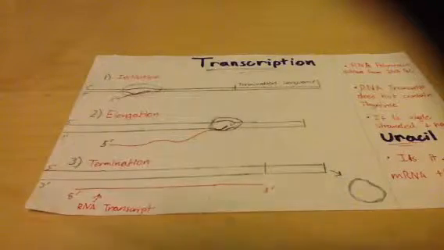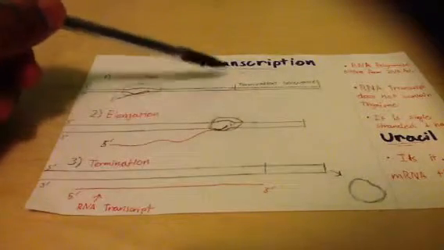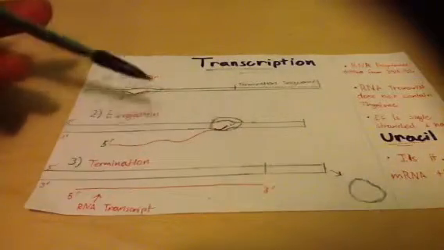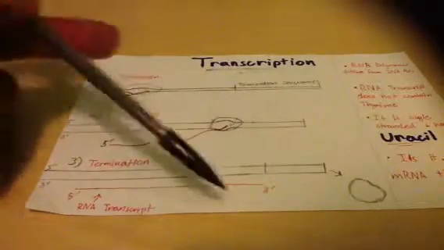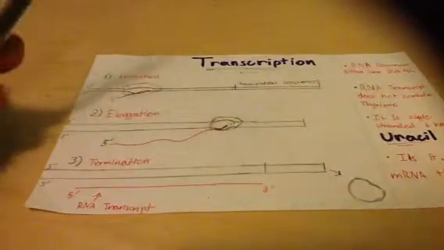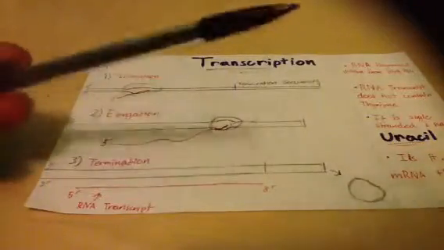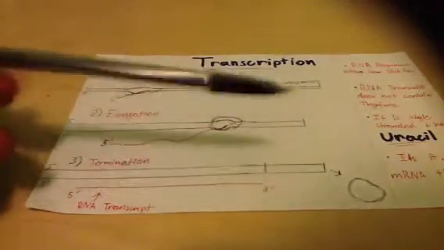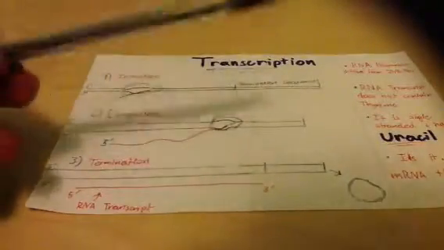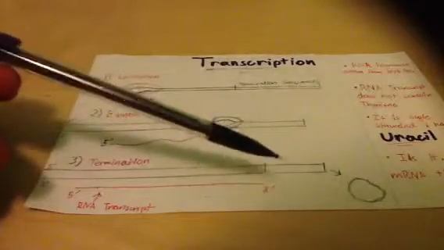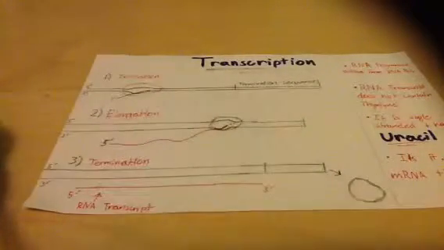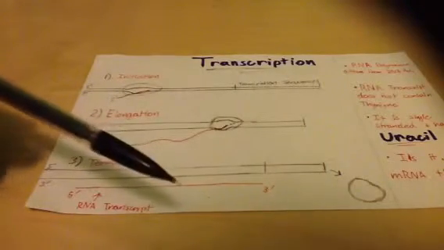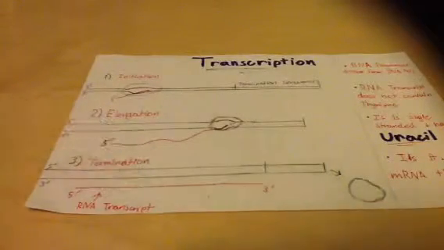Up here, I kind of wrote it down. A termination sequence is a specific sequence that the RNA polymerase reads. Once it reads it, it knows to stop transcription and unbind from the DNA strand, and then cleave the mRNA strand, and then we have an mRNA transcript.